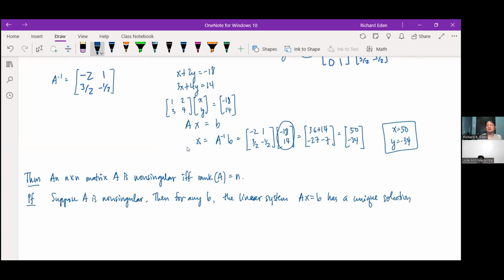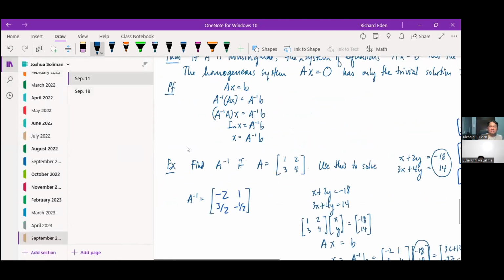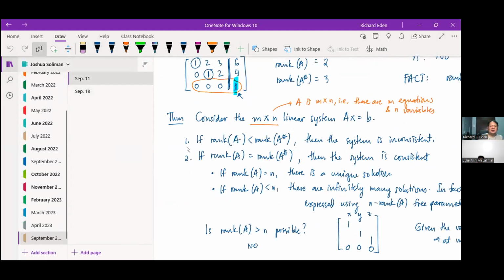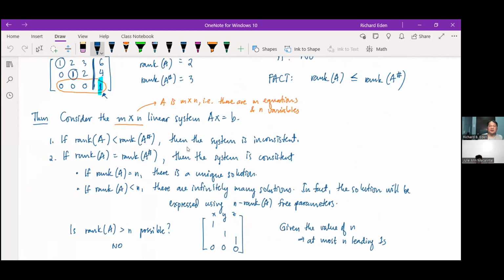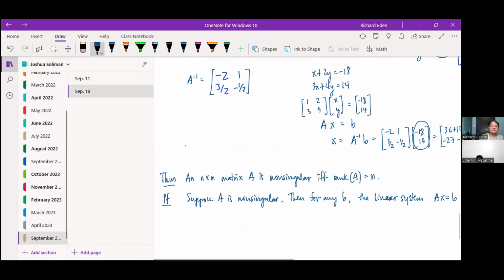But then we argued that this means the rank of A equals N. Actually, let me check again what we wrote. Okay. So if the rank of A equals the rank of A sharp, the system is consistent. But if the rank of A is strictly less than N, there are infinitely many solutions. No, that's the second bullet point. The first bullet point, truly the rank of A must be N.